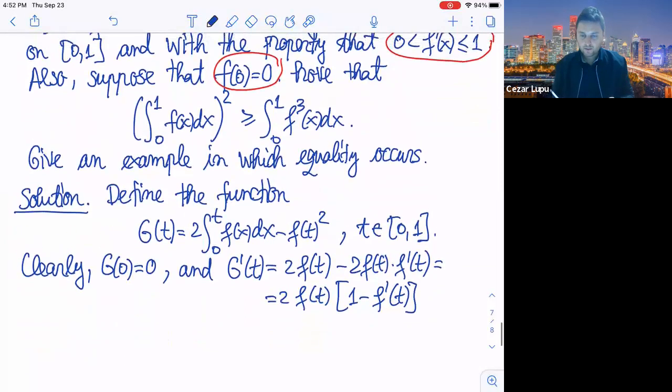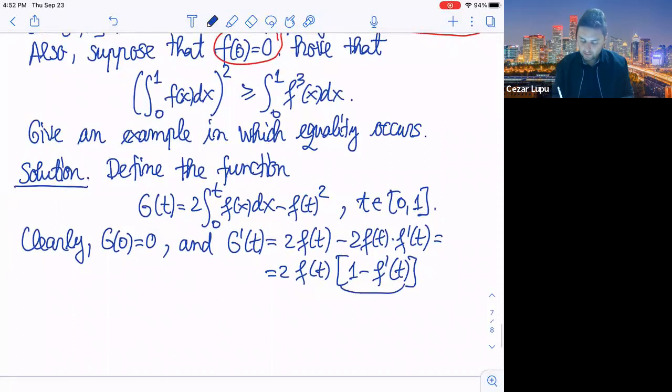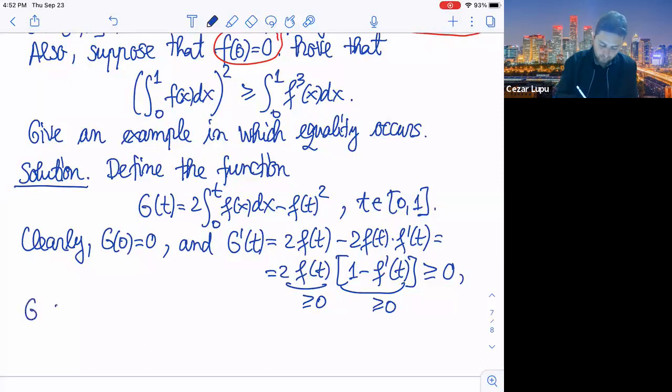Beautiful. Since f of t is greater or equal than 0 and 1 minus f prime of t is greater or equal than 0, then g prime is greater or equal than 0. So g is increasing, it's non-decreasing.